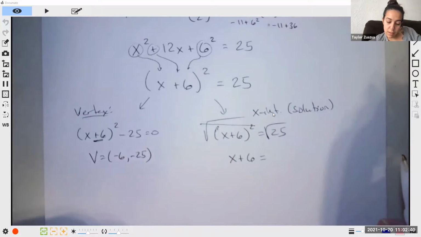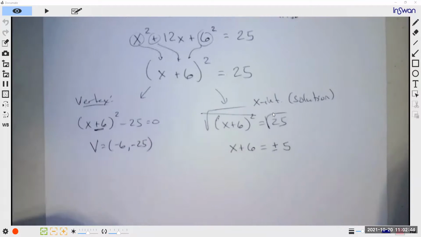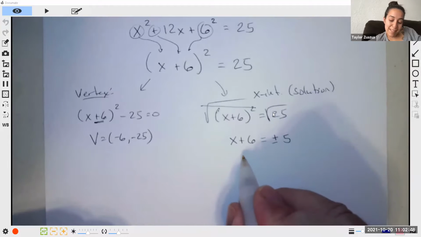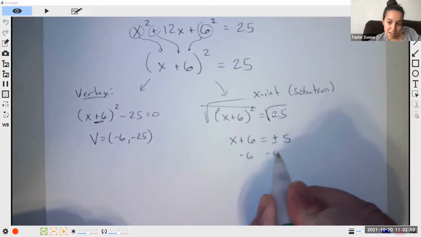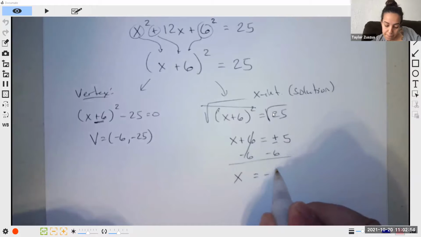That'd be 5 on that side. x plus 6 equals plus or minus 5. Don't forget the plus or minus. But then you want to have the x by itself, so minus 6, minus 6.